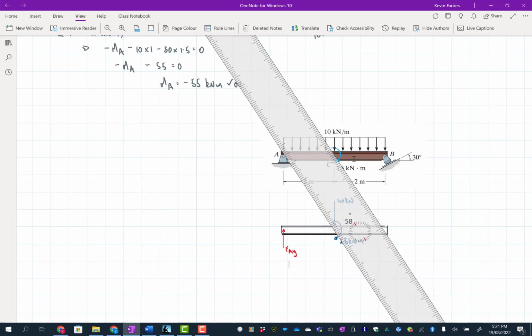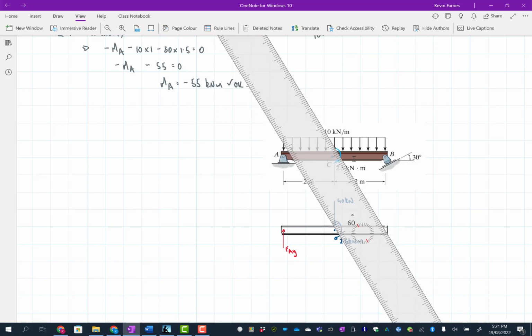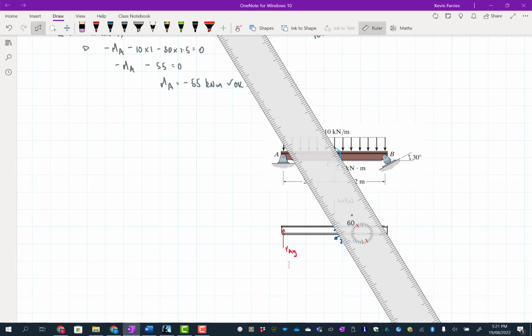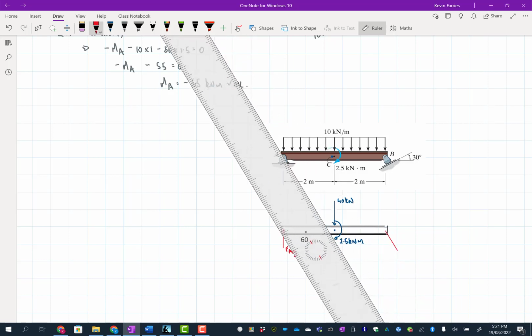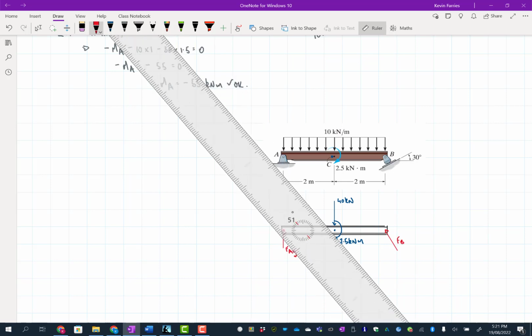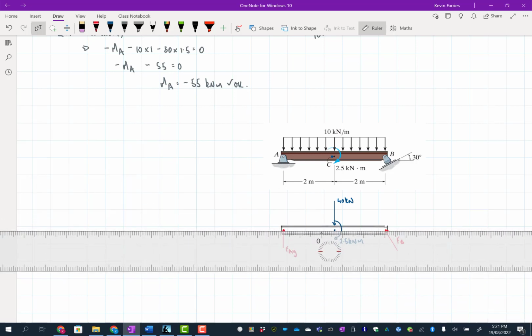Now that's 30 degrees, the surface, so this must be 60 degrees. Do your angle rules if you can't see why. And so we're going to have some load like that, and we're going to call that FB. It's probably going to be easier for us if we split that up into its X and Y components.